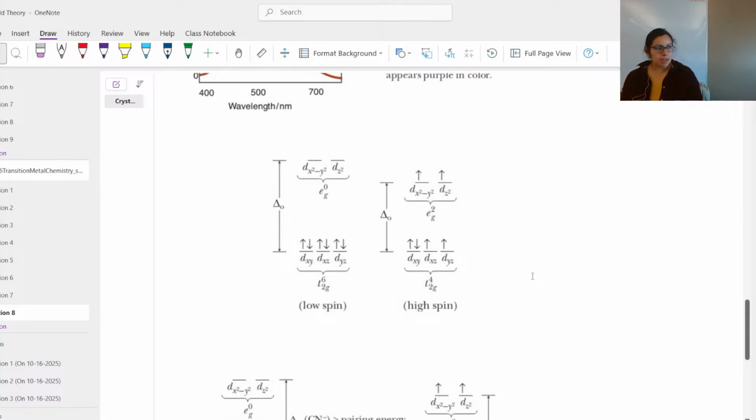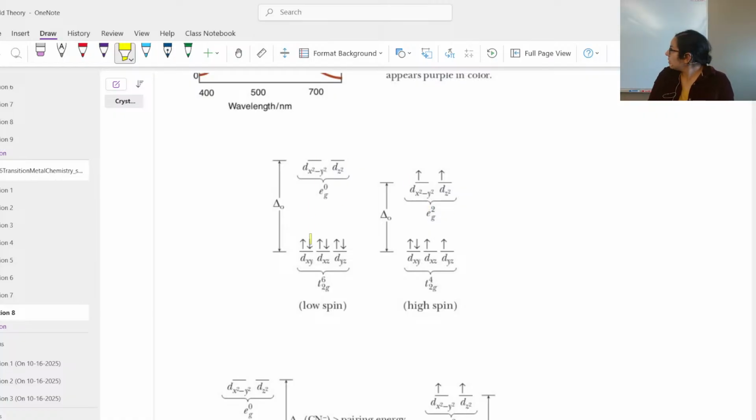Okay, and then where we're also getting at is we want to predict whether a compound is high spin or low spin. And all that means is depending on this splitting, and we'll look at the trends too on what causes the splitting.